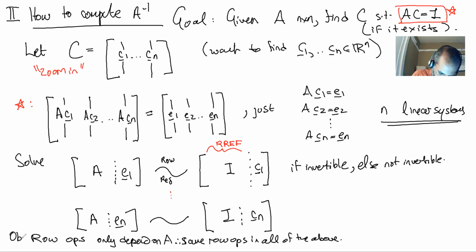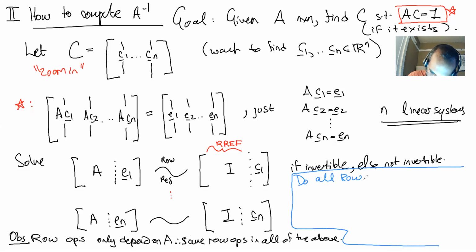So this is an observation. And so then there's a really slick way to do this, which is to do all of them in parallel. Do all row reduction in parallel.